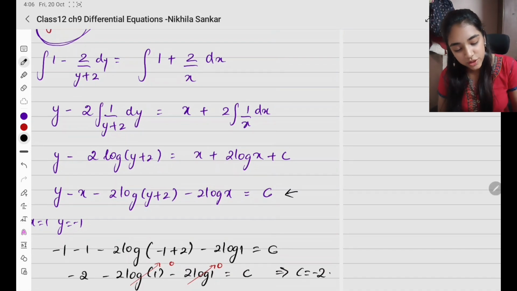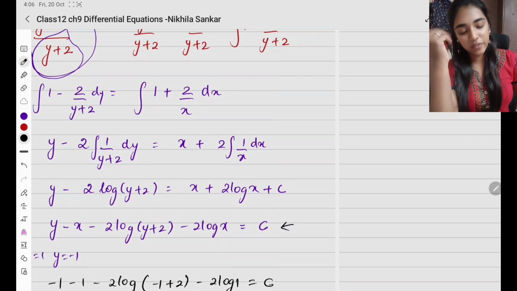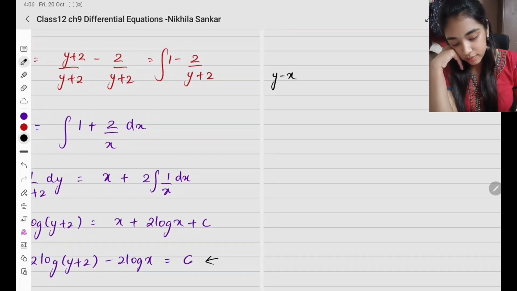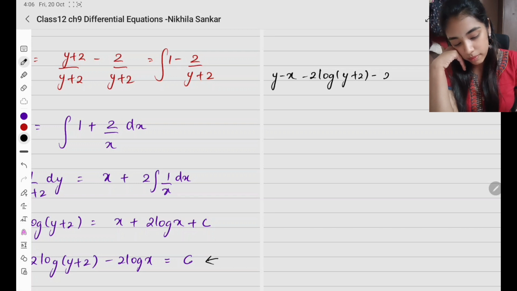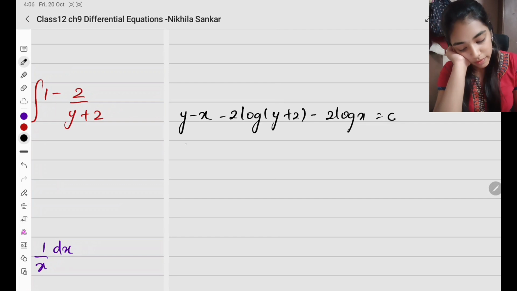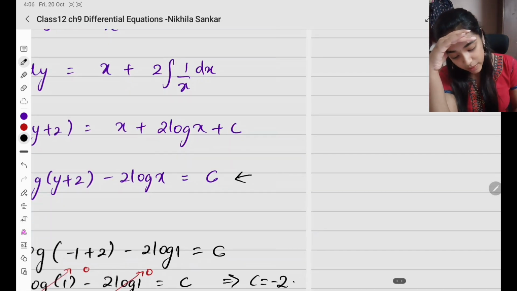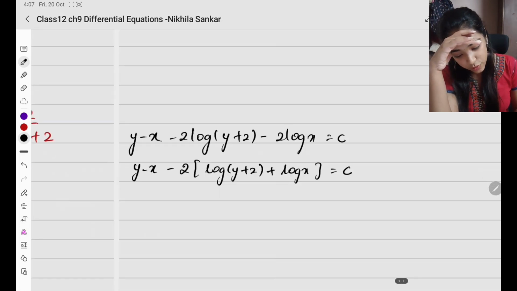So I have c equals minus 2. When I put it in the general solution, this is going to be a general solution, but we can simplify it further. I have y minus x minus 2 log of y plus 2 minus 2 log x equals, see, இப்படி இருக்கு இல்லையா, இப்போ log term இருக்கும்போது எப்படி simplify பண்ணலாம் இதை? I have y minus x minus 2 காமனா வெளியில் எடுத்தா log of y plus 2 plus log of x equals c. c is nothing but இப்போ தான் நம்ம value கண்டுபிடிச்சோம், it is going to be minus 2.